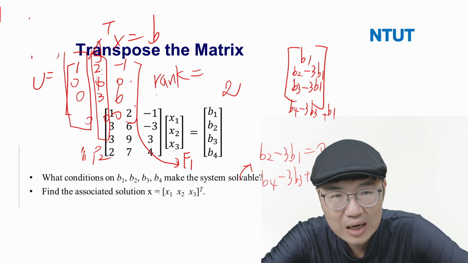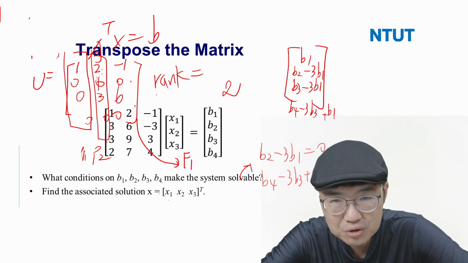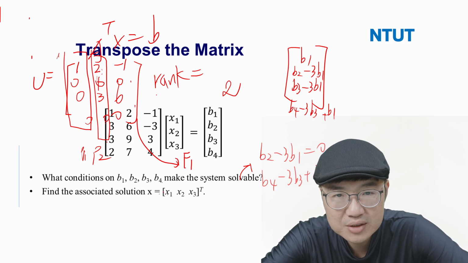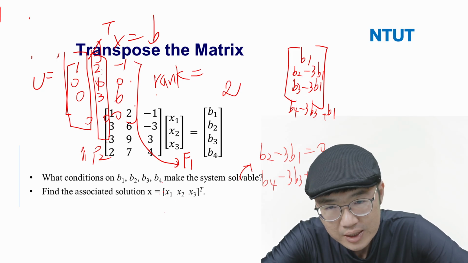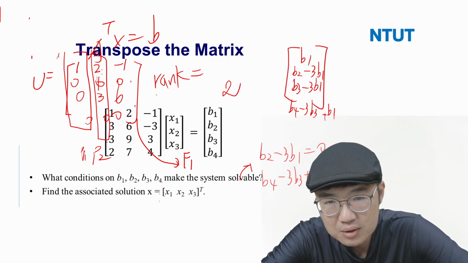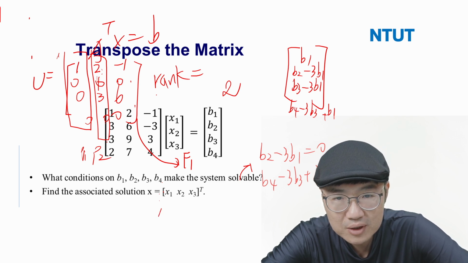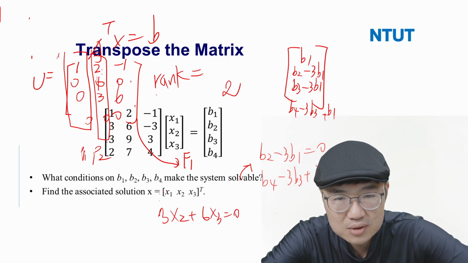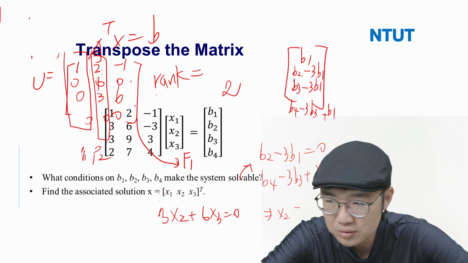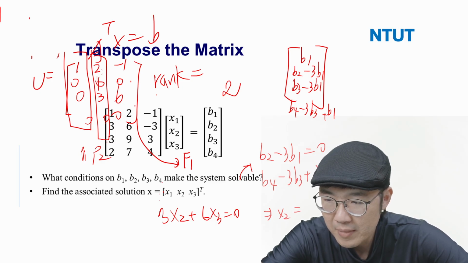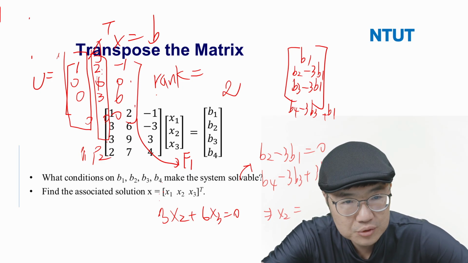But how about the associated solution for x in terms of B1, B2, B3, and B4? Yeah, it cannot be done without identifying the null space. So from the second equation, 3x2 plus 6x3 equals 0, which means x2 is minus 2x3.